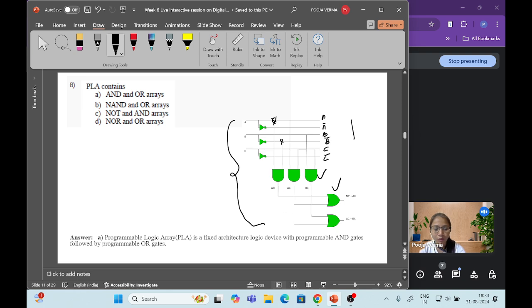Okay, and then if we want to find out the overall function, for example, F1 is AB dash plus BC. So we just need to take these two and OR them. Okay, in this way we can make a Boolean function also. So this type of structure is called programmable logic array, and it has a programmable AND gate followed by programmable OR gate.